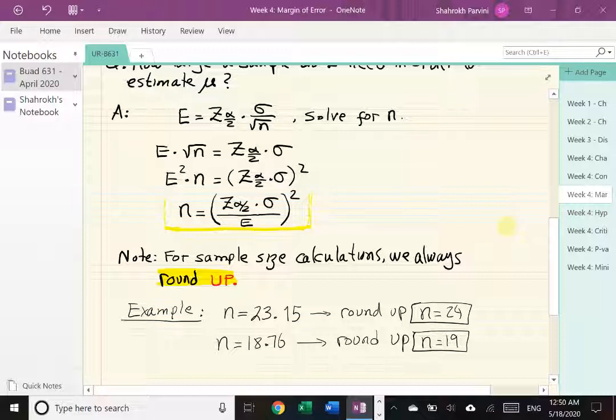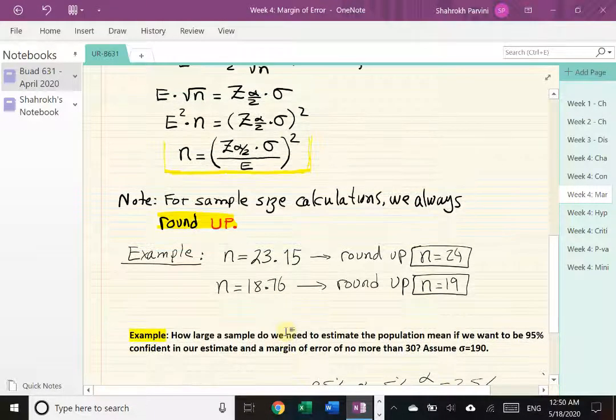So what if the formula gives me a sample size of 23.15? Well, we round up to 24. Usually in math classes, we say round it to 23, the nearest whole number, but not in statistics. They always round up. If the sample size is 18.76, this naturally rounds up to 19, but regardless of the decimal to the right, you always round up.